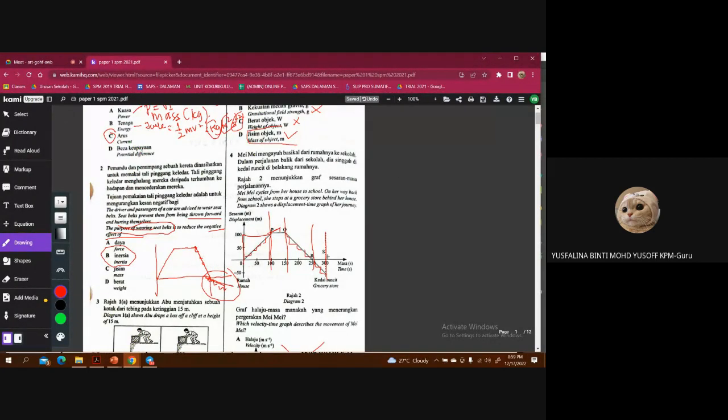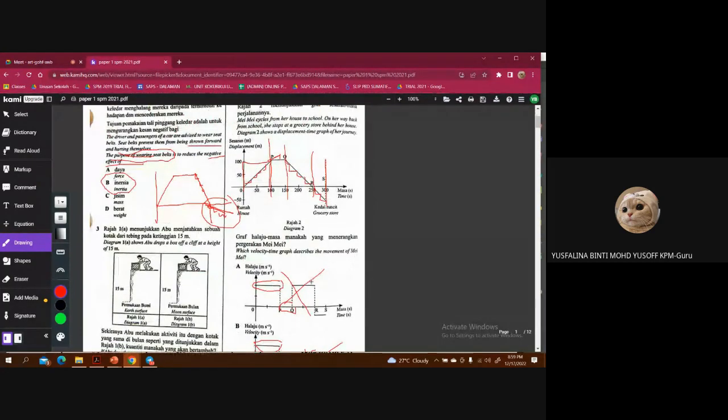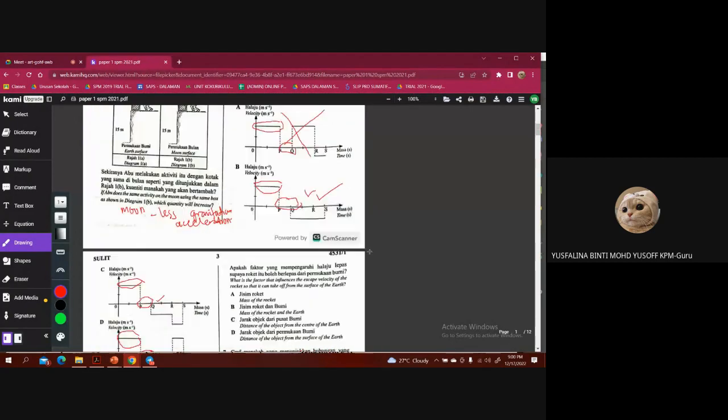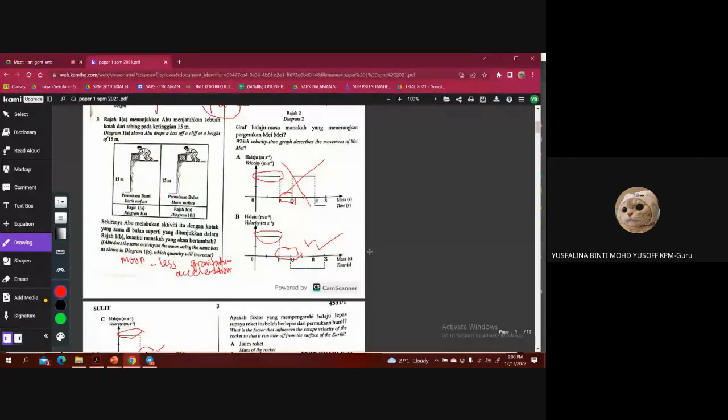But for this one, it's still a straight line. But it's in the negative side, because it moves in the negative direction, whether right or left depends on which one you interpret as negative. So the answer is B.